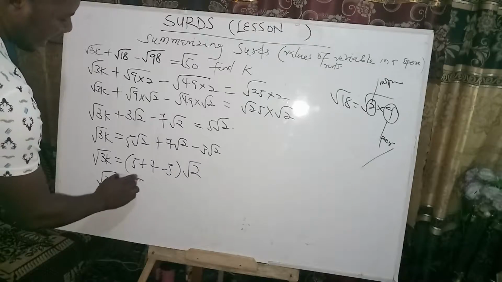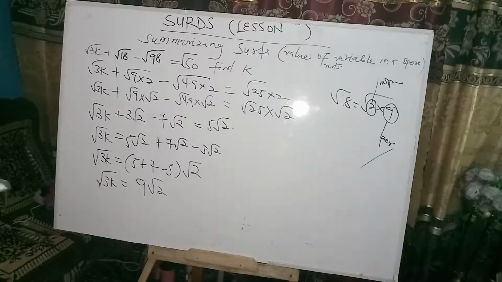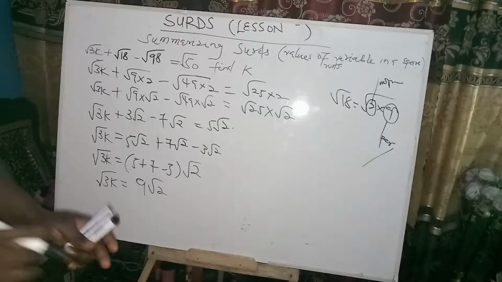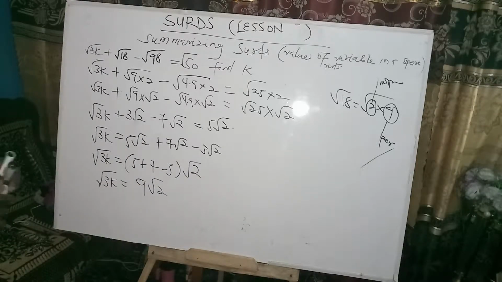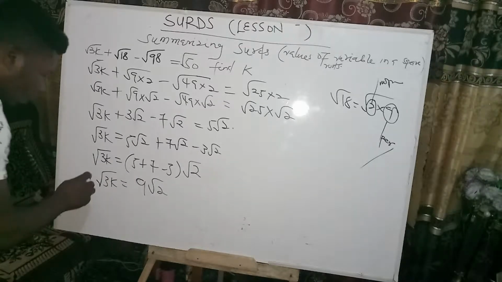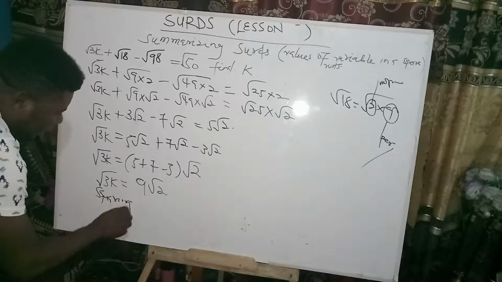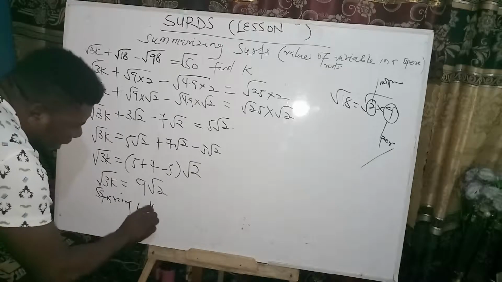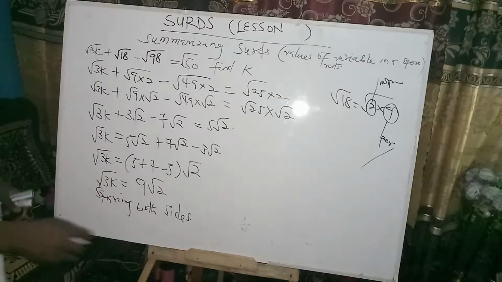So root of 3k equals 9 root 2. How then do I get the value of k? That is the question. What I'm going to do is square both sides.